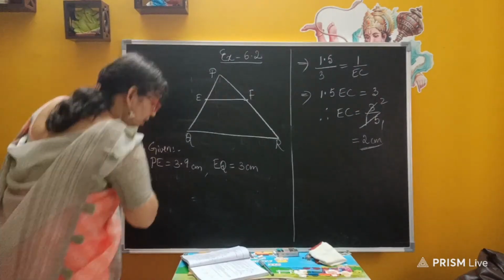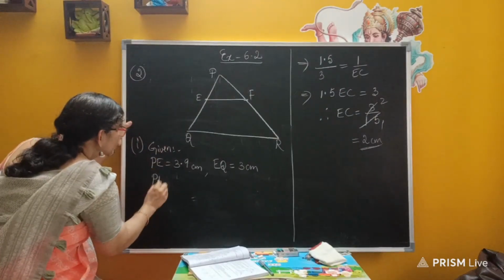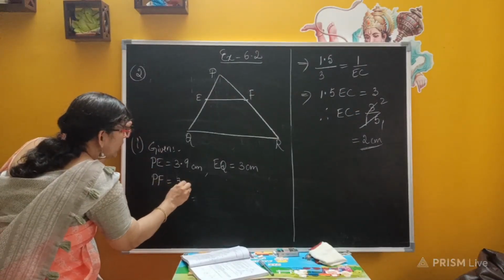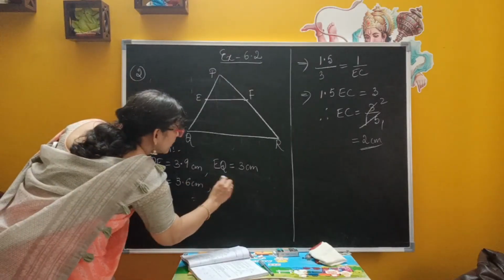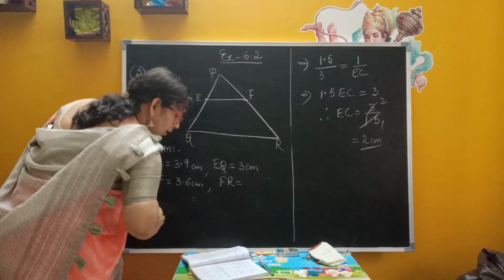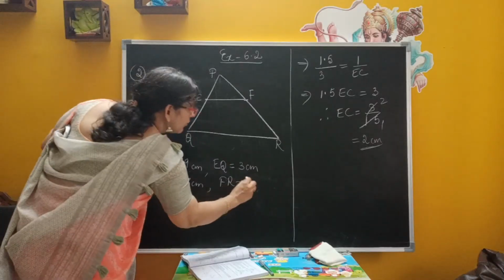Then PF is 3.6 centimeter and FR is 2.4 centimeter.